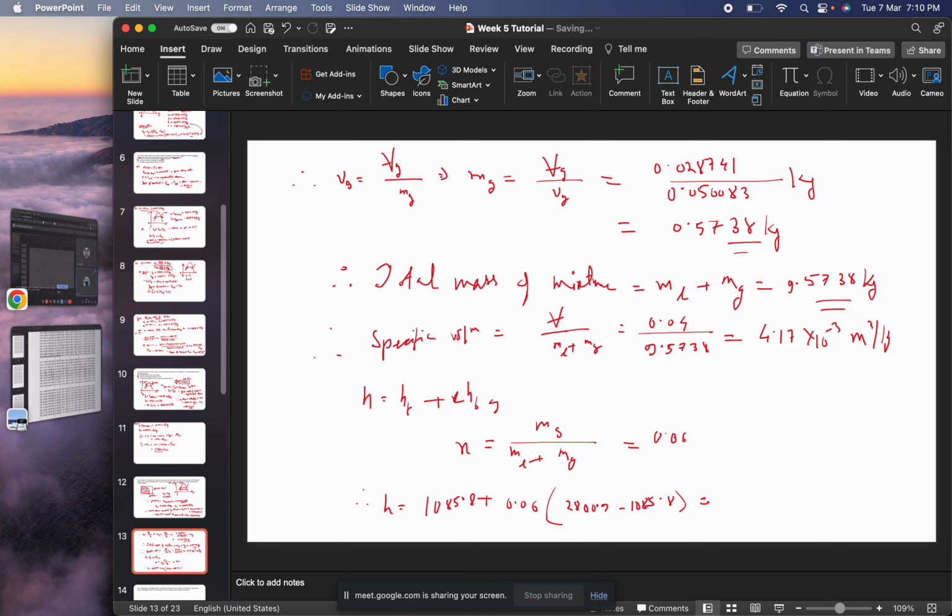Okay, so that will be your 1188.706 kilojoule per kg.